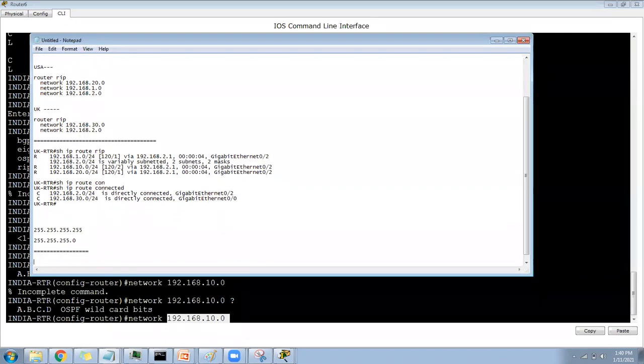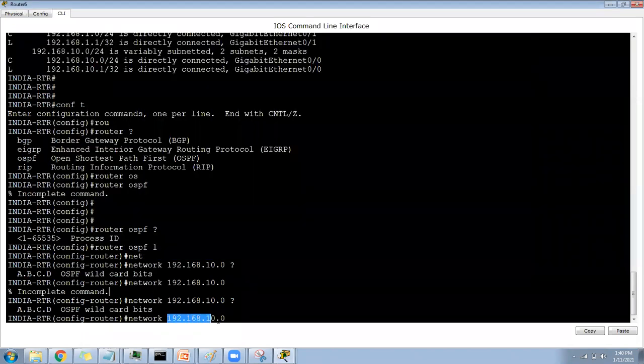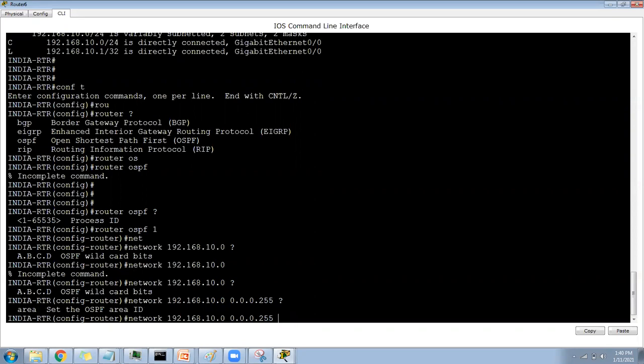If you do the minus, what will happen? This 255 is gone, 0.0.0 and this one. So for the class C network 192.168.10.0, what will be the wildcard mask? The wildcard mask will be 0.0.0.255. So all 255s will become 0, and 0 will become 255. Simple.